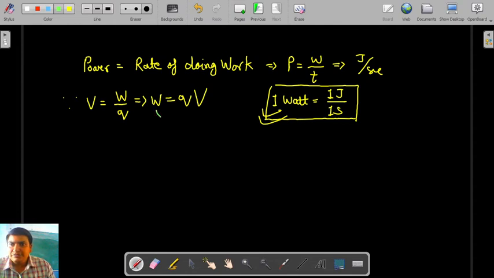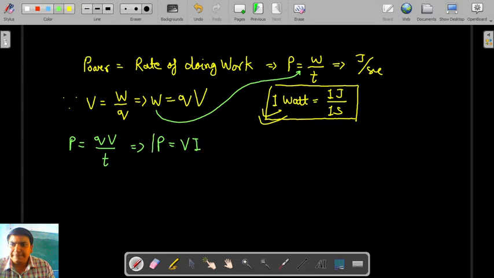So we get the power formula, P equals QV upon time. Now as you know, Q by T, the rate of flow of charge, is called current. So there is one more interesting formula of power, that is P equals VI.